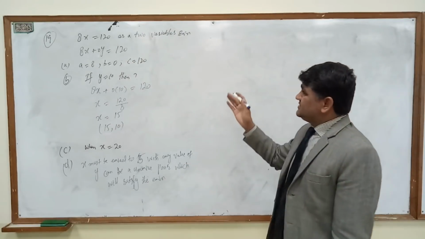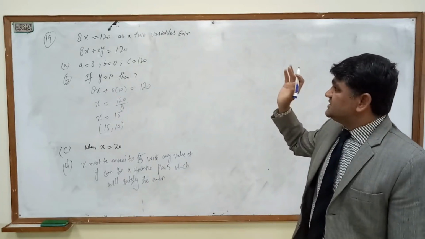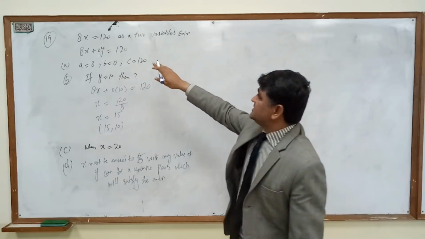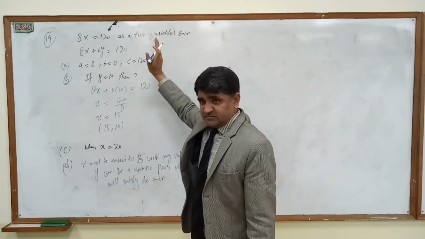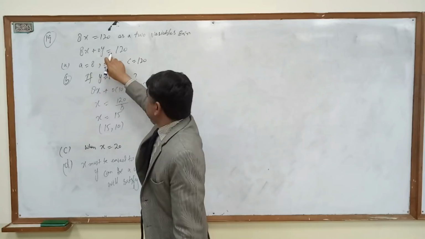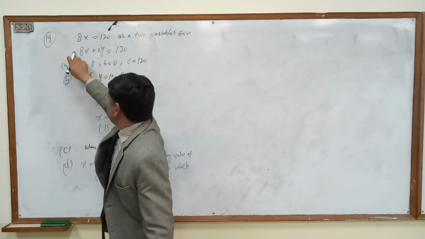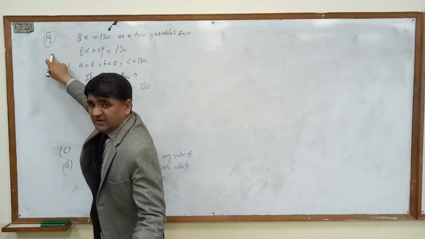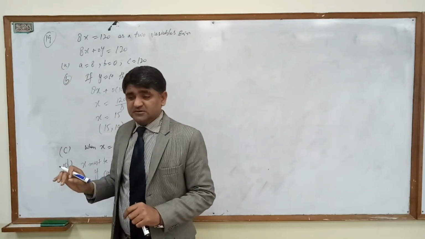Yes, sir. That is a very simple question, but we have to use the logic. We are having only one variable. If they state 8x is equal to 120 as a 5 variable equation, then it is 8x plus 0y plus 0z plus 0w plus 0u, whatever the expression is, that will be the 5 variable equation.